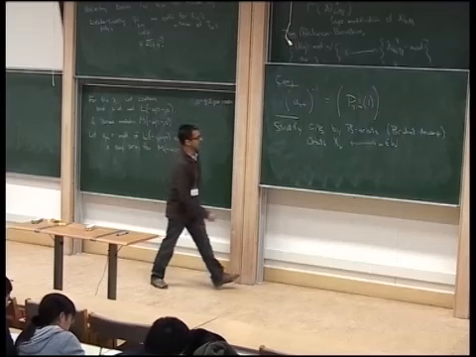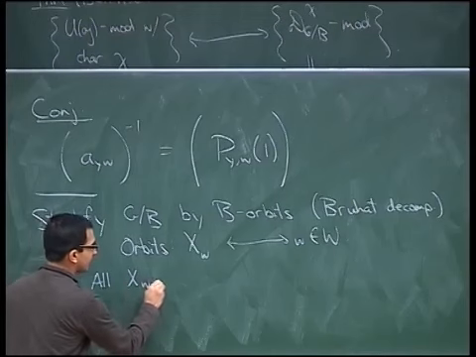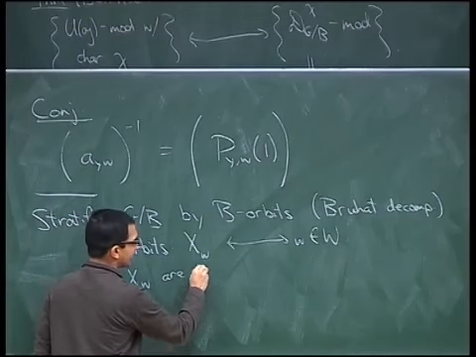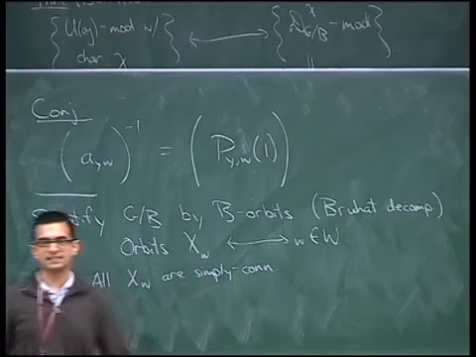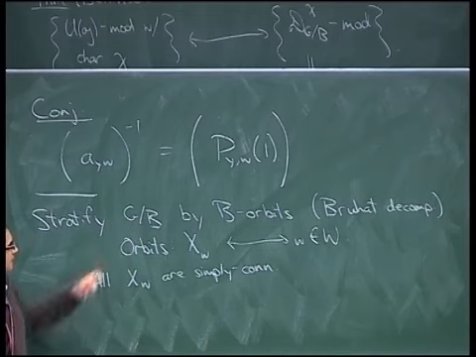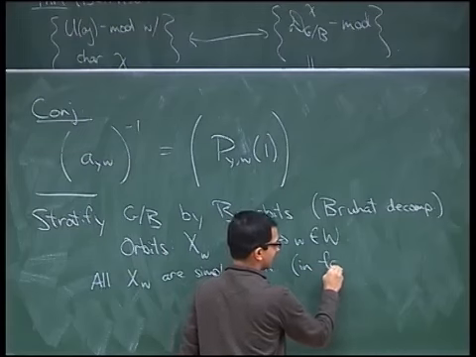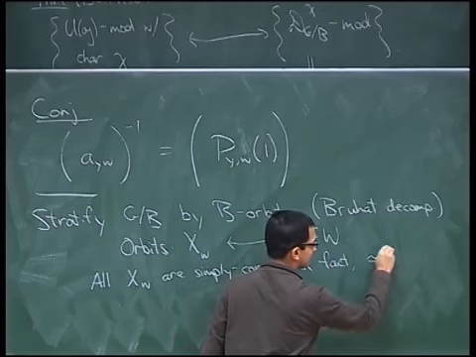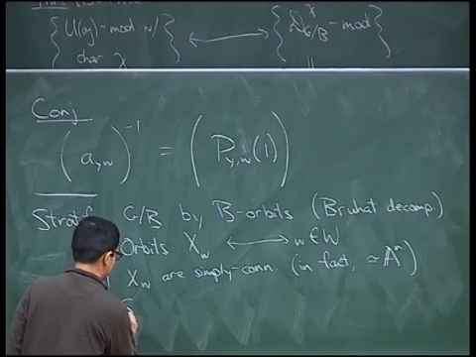Once you've done the stratification, let me mention that all the X_w are simply connected. In fact, maybe one way of saying the theorem that Arun was proving in his talk is that, although he wasn't talking about the finite flag variety, these are just copies of affine space, some A^n. The fact that they're simply connected means that there are no non-trivial local systems.